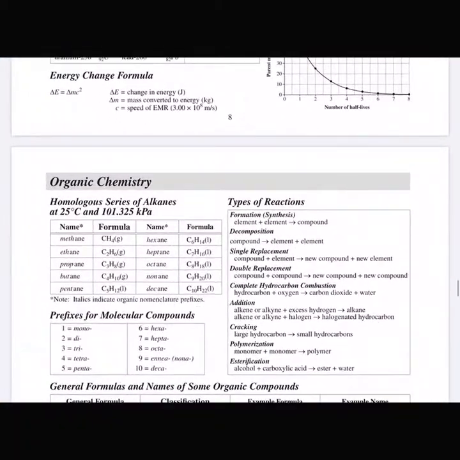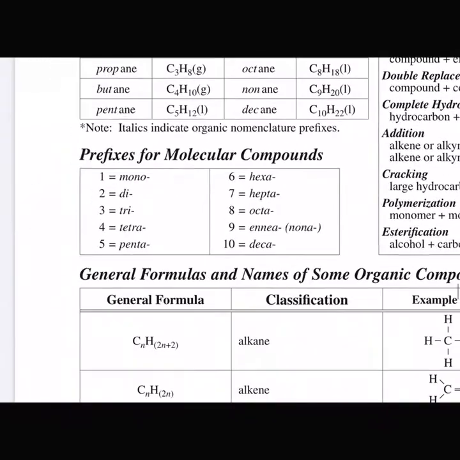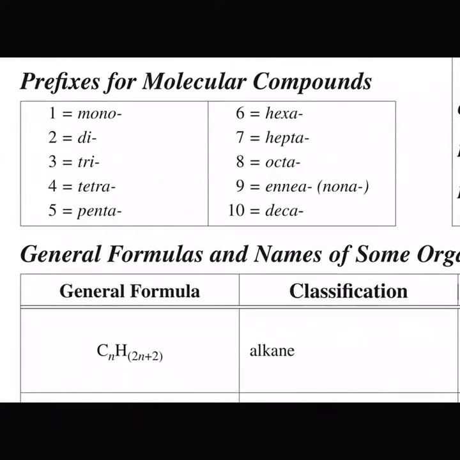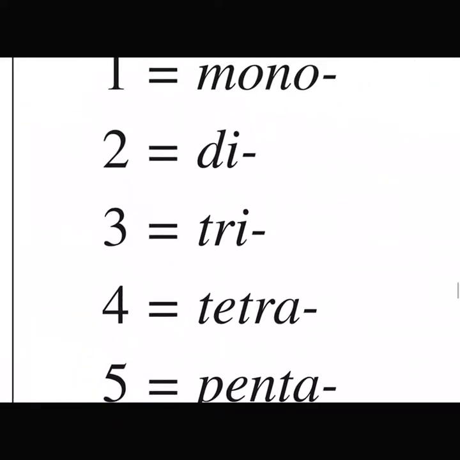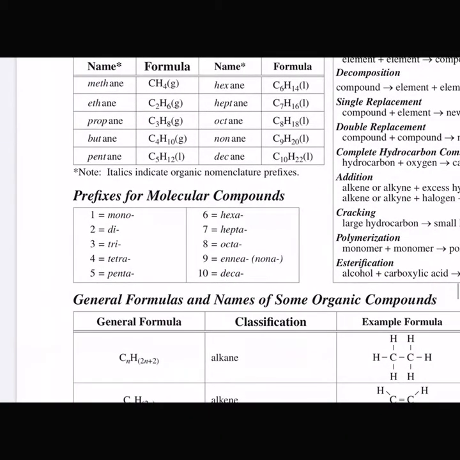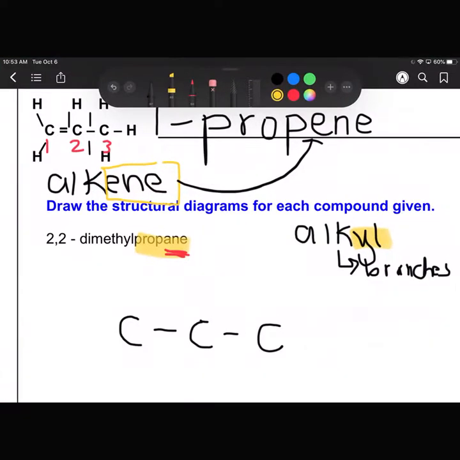You have so much time on your exam, you can take 6 hours to write it, and there's so much information in this data booklet to help you out. Right here, prefixes, di. You see that there? Number 2, right there, at the top. So what this is telling us is there are 2 methyls. Methyl is a 1 carbon branch, so there are 2 of them. And where are they? It tells us right there.